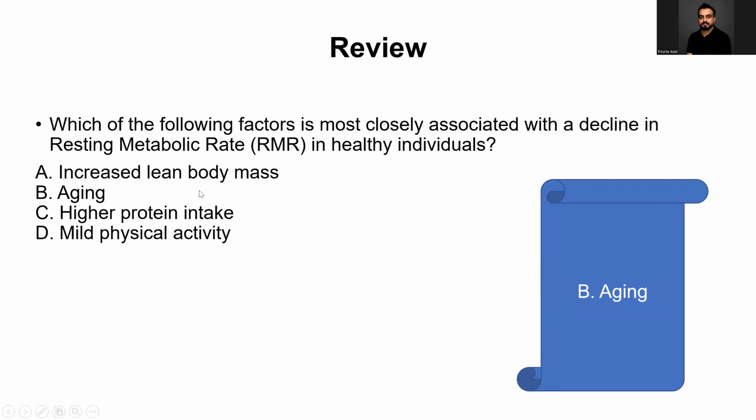Because whenever we have an increased lean body mass, meaning more muscle mass, muscles are more active organs than other tissues, so they require more energy at rest. So we have an increase in resting metabolic rate with increased lean body mass. With higher protein intake, as we mentioned, protein has more influence on the thermic effect of food, and physical activity also has a positive effect on resting metabolic rate. So the correct answer is aging.